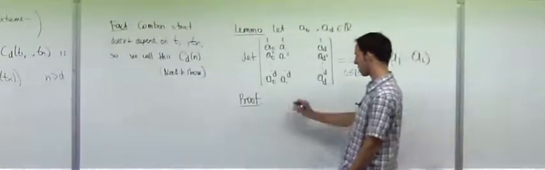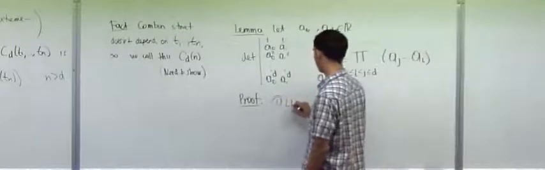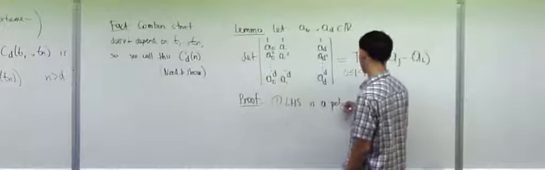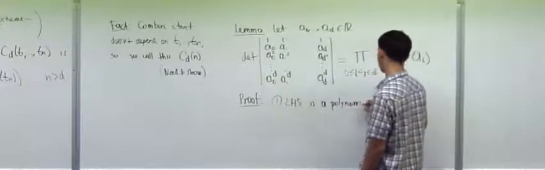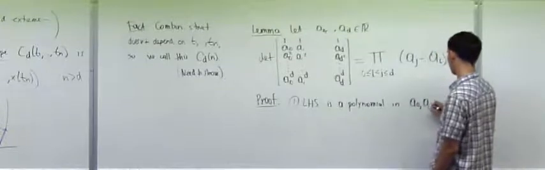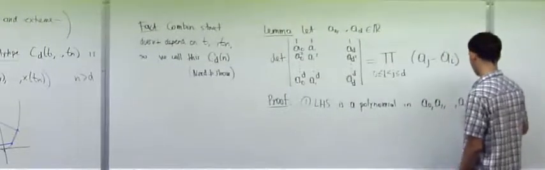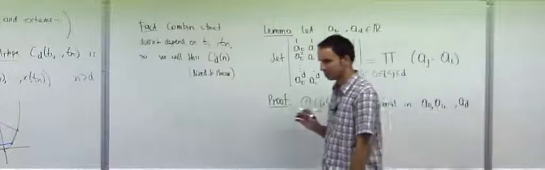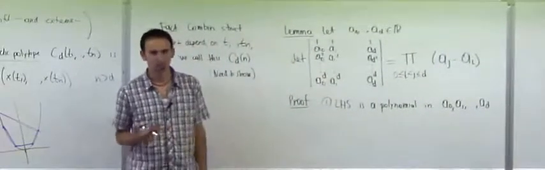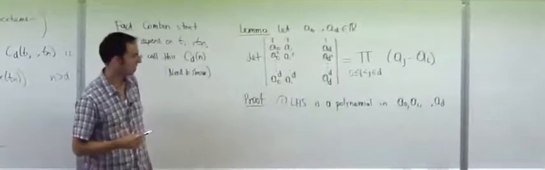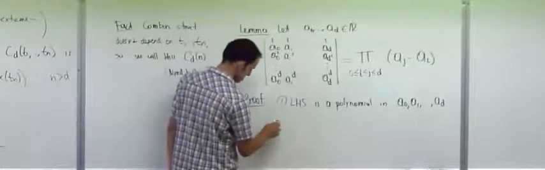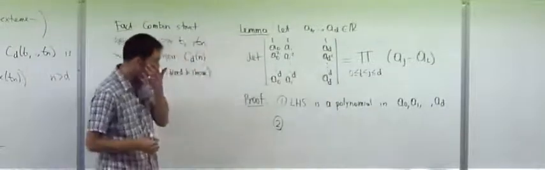Let's make the following observations. 1, the left-hand side is a polynomial in the ai's. Okay. That's no surprise because we're adding a bunch of powers of these things, so it's a polynomial.